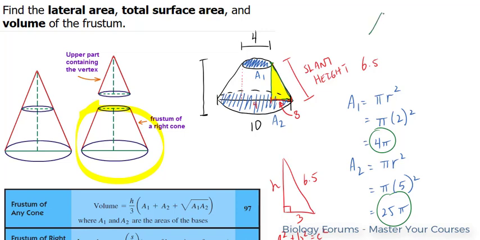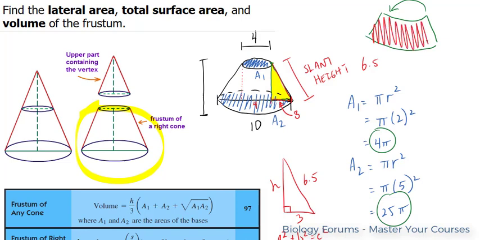And if we were to unravel the sleeve, it would look something like this. Now, if you were to unravel this way, you would end up with the sleeve of the shape.